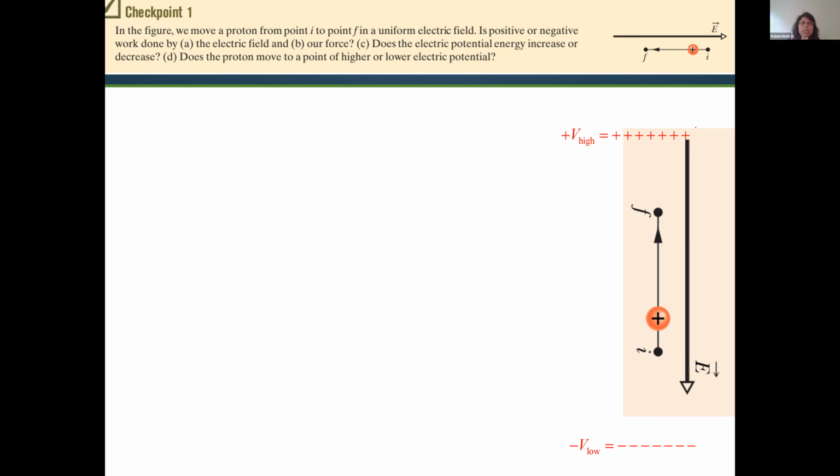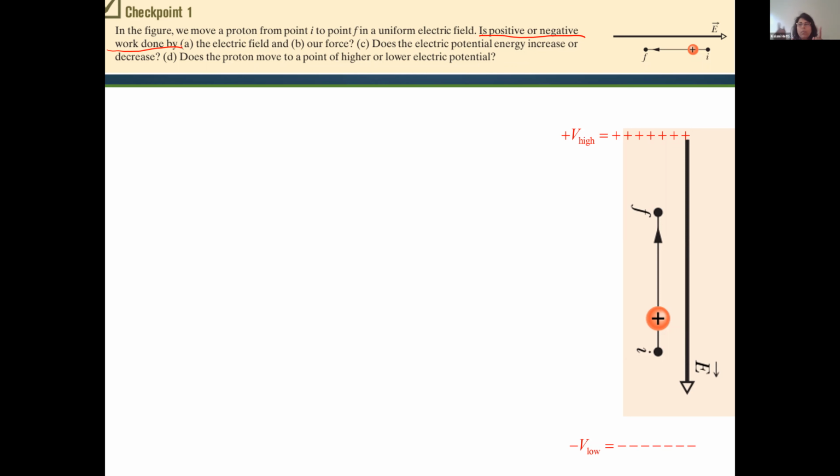So my first question is, A, electric field. It's asking, is positive or negative work done by the electric field? That's the question. Now, the electric field has the direction opposite to the direction of motion of the particle.